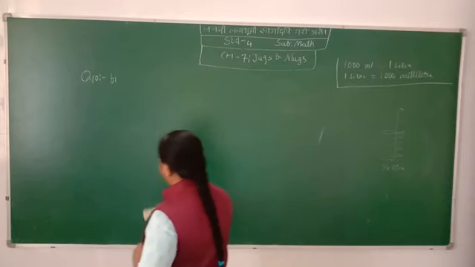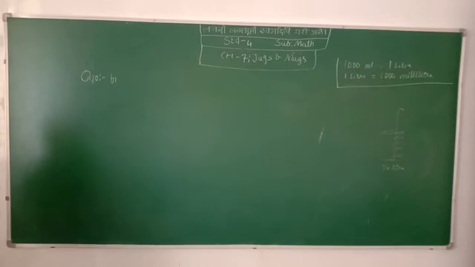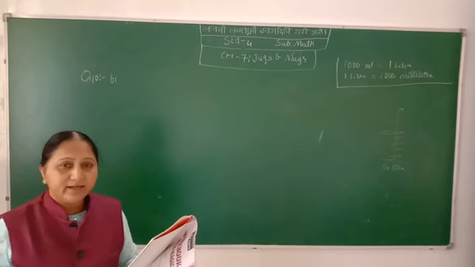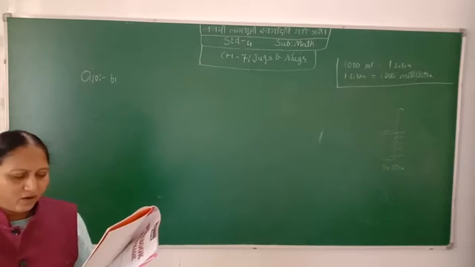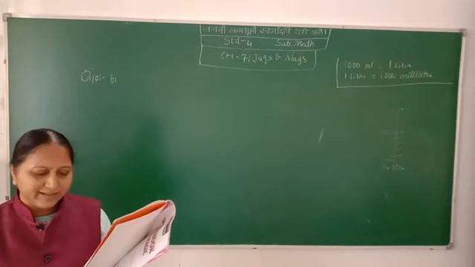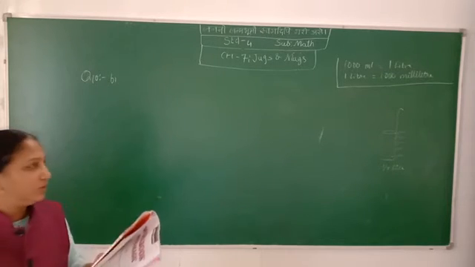Next question. Question number C. A tank has the capacity of 200 liters. Half of it is filled with water. How many liters of water is needed to make the tank full?